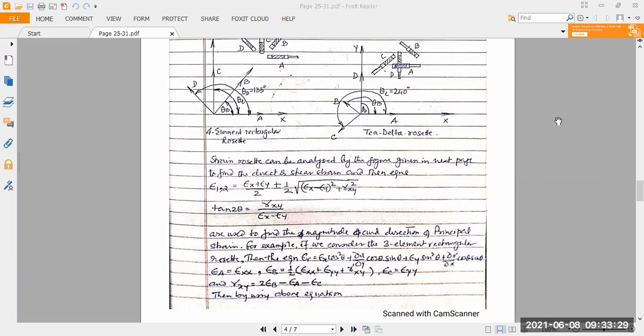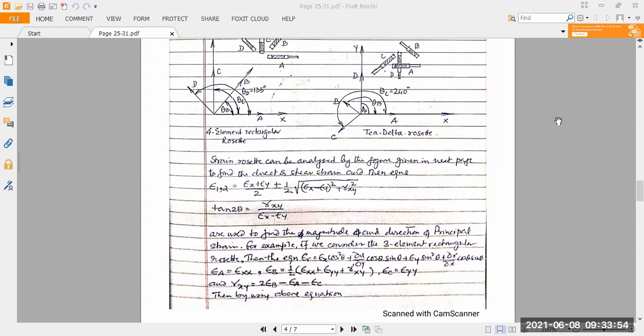But for example, if we have a three-element rectangular rosette, then the equation is epsilon theta equals epsilon x cos squared theta plus epsilon y sin squared theta plus gamma xy cos theta sin theta.